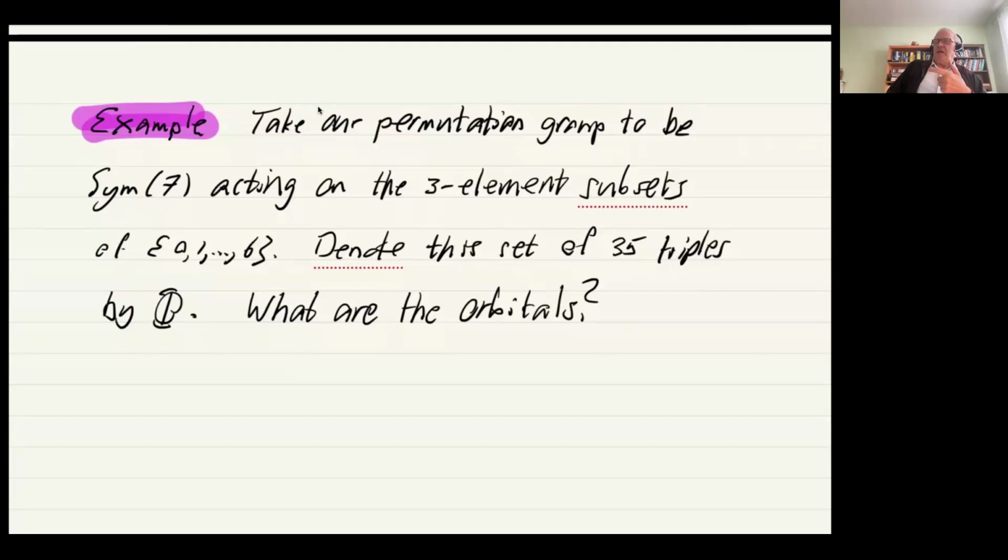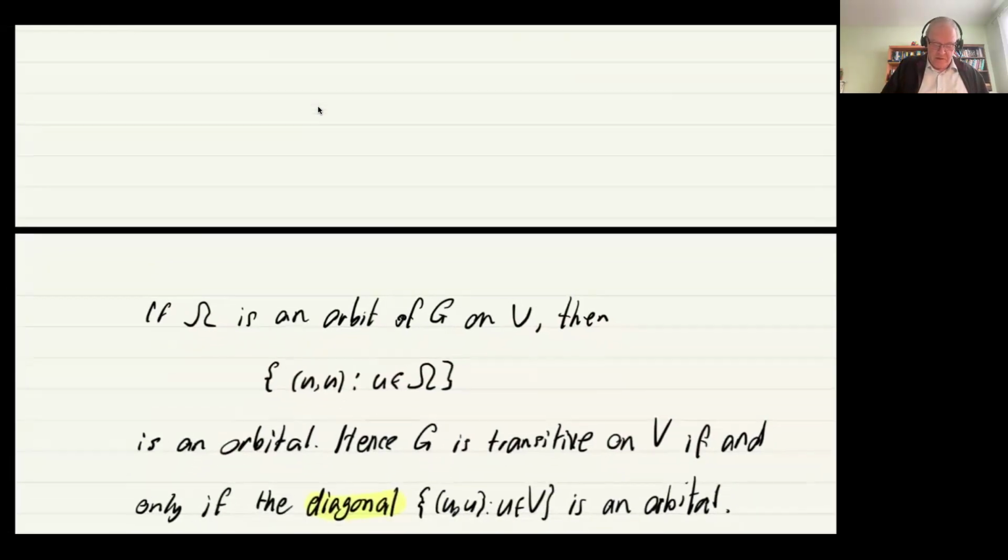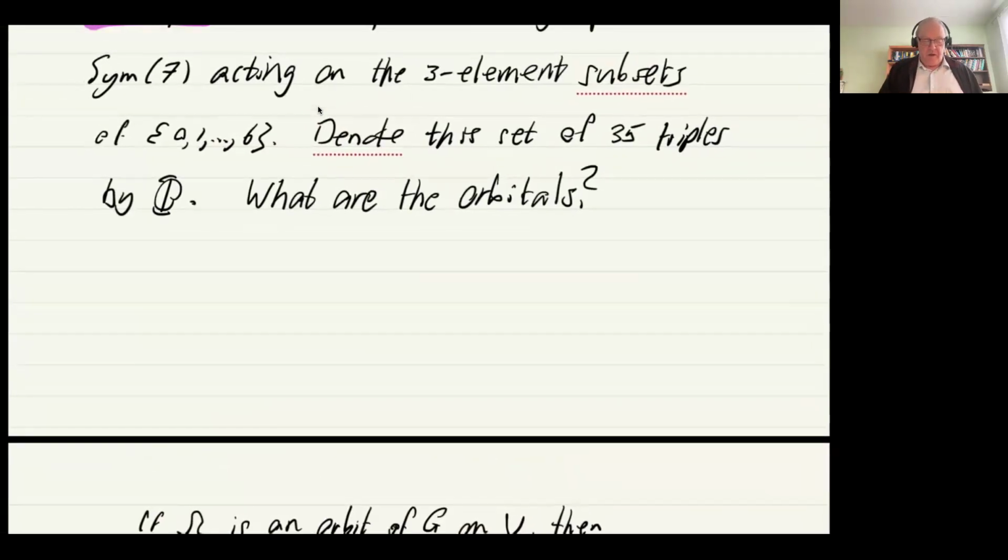Now, to define arcs, let me define it now. An arc in X is an ordered pair of adjacent vertices.